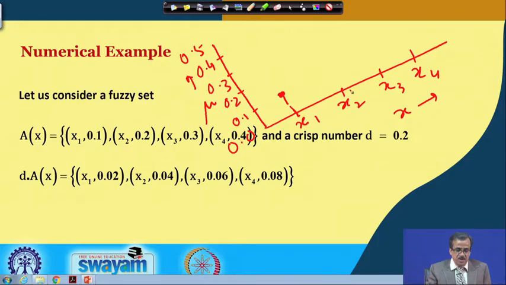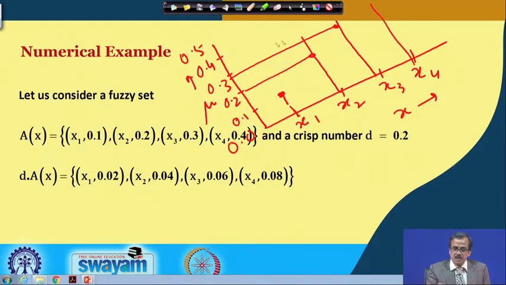Then corresponding to x2, I have 0.2, so I am here. Corresponding to x3, I have 0.3, so maybe I am here. And corresponding to x4, I have 0.4, so maybe I am here. If this is the situation, this is the distribution of the fuzzy set A(x).